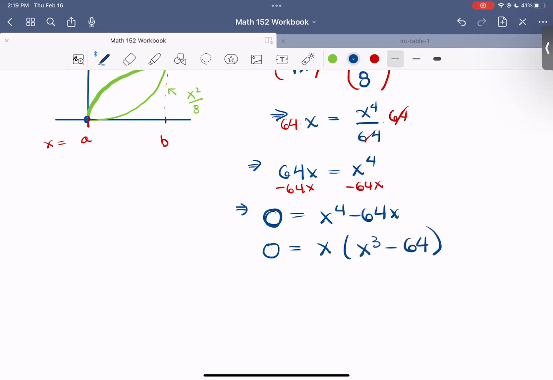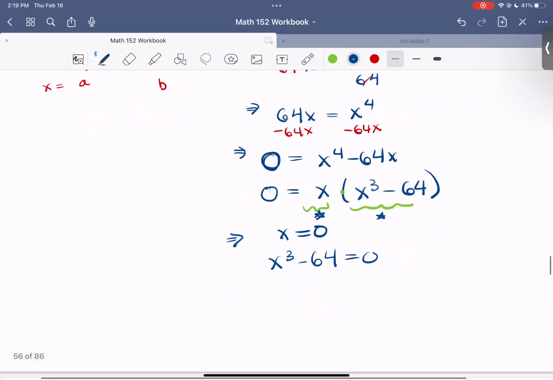So now I get two different equations that I want to solve. This product is equal to 0, so that implies either x is equal to 0 or x cubed minus 64 is equal to 0. One of these must be equal to 0. All right, so this one's already solved, so I can solve for x here.